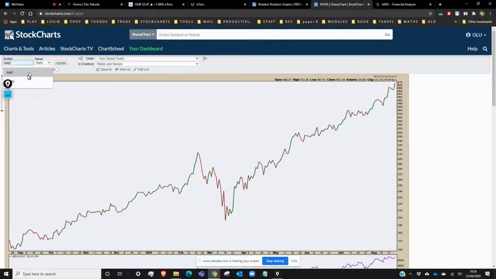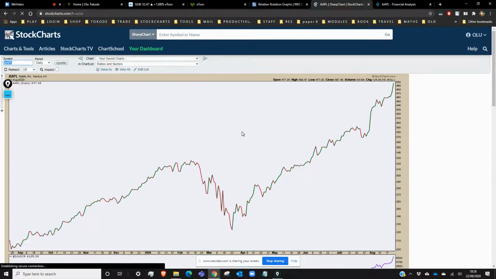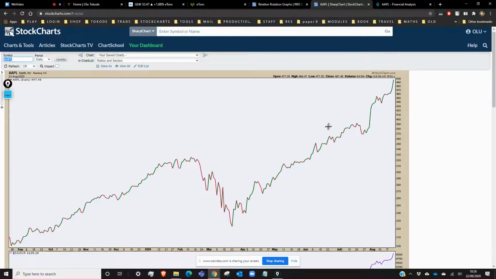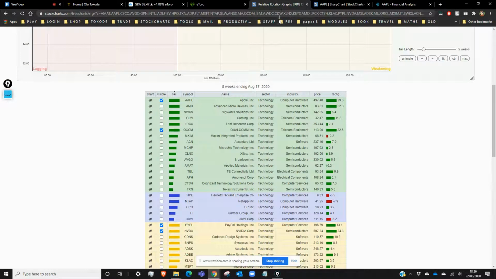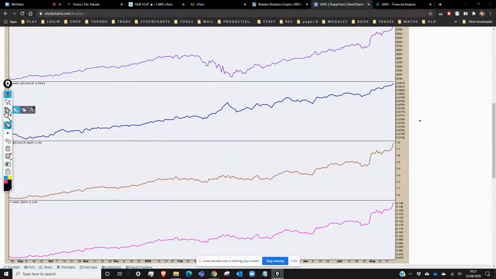AAPL. So this is Apple. Look at that. What do you expect? Great chart. That's Apple's industry. Computer hardware. Okay.